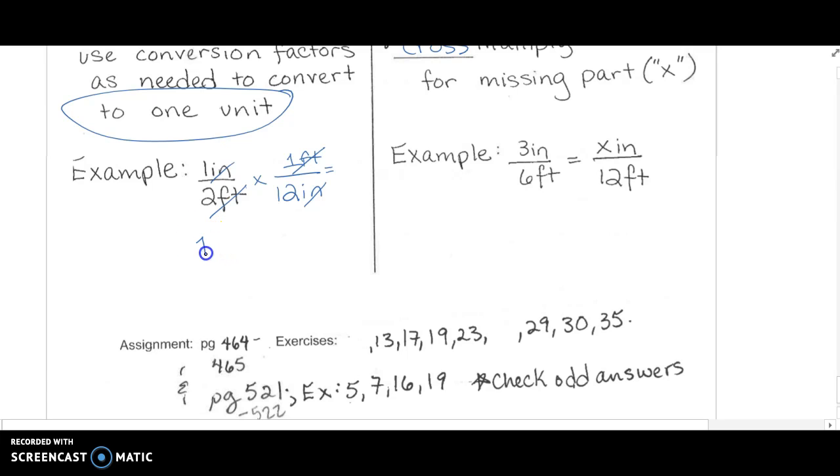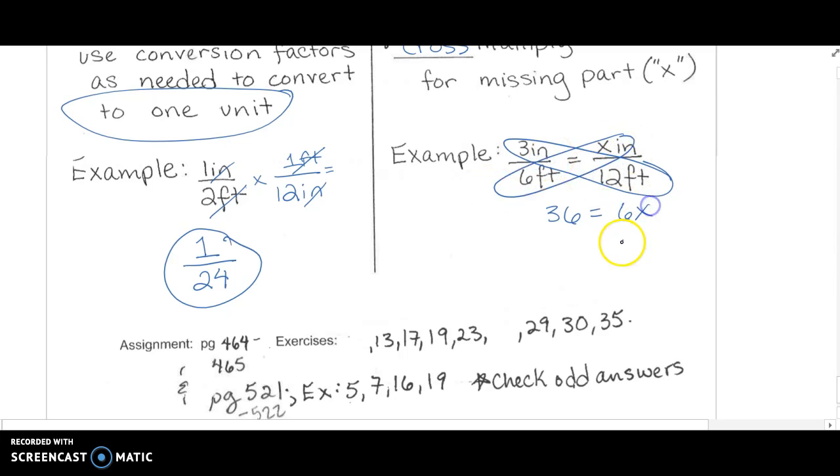So you end up with 1 to 24 would be your ratio. Over here, we would cross multiply. 3 times 12 is 36. X times 6 is 6x. And so x would equal 6.